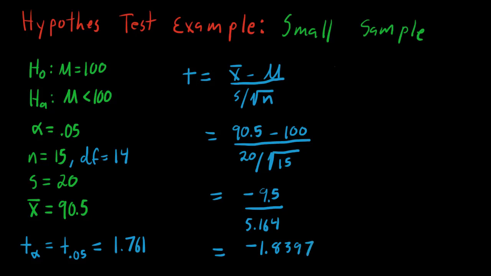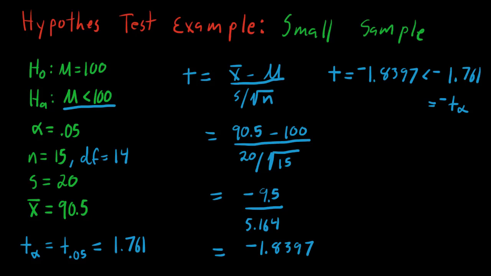So we have our t value is equal to negative 1.8397, which is less than negative 1.761, because negative 1.761 is equal to our negative t sub alpha. So again, it depends on our test. We're doing mu is less than 100.